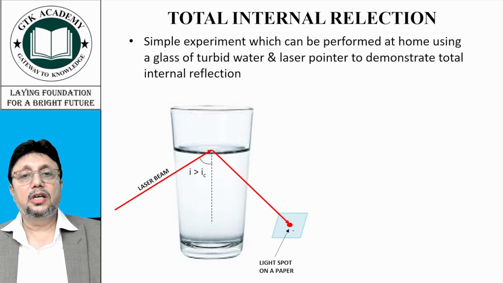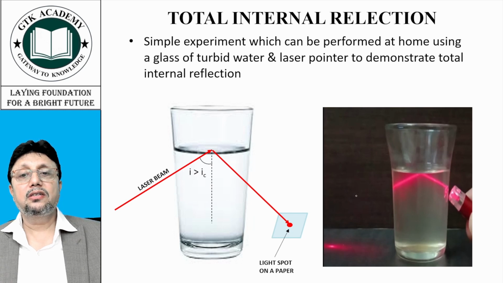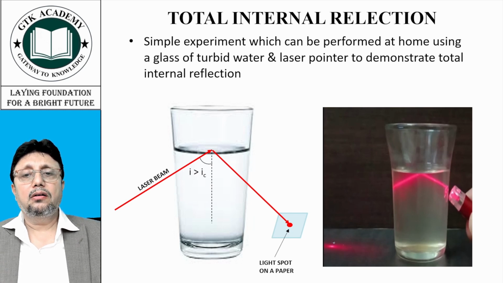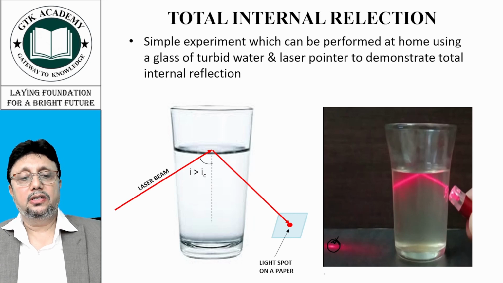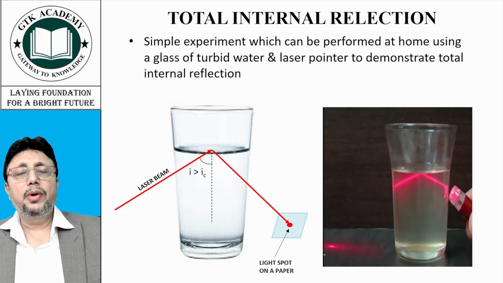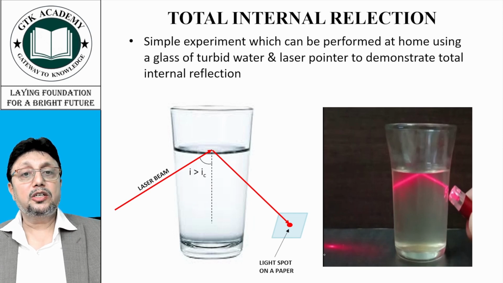So the snapshot of the experiment is like this. You can see the red mark here on the table itself. But you have to be a bit careful while doing this experiment: please don't point it in your eye because it can be dangerous.